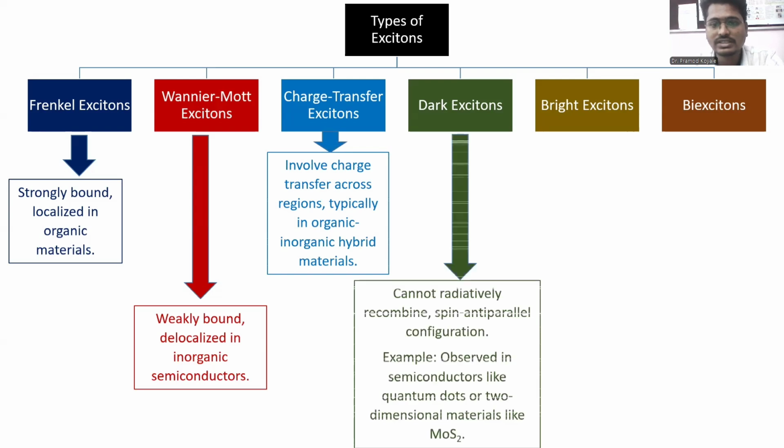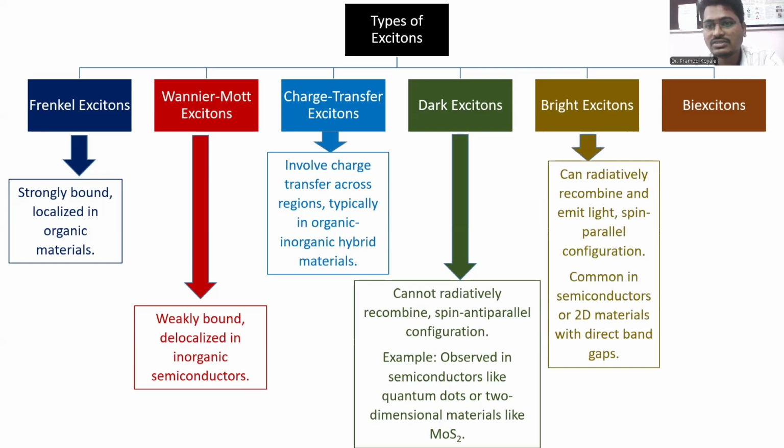In the case of dark excitons, the excitons which cannot readily recombine and have the spin antiparallel configuration are said to be the dark excitons. For example, it is mostly observed in semiconductors like quantum dots or two-dimensional semiconductor materials such as molybdenum disulfide, having the indirect band gaps.